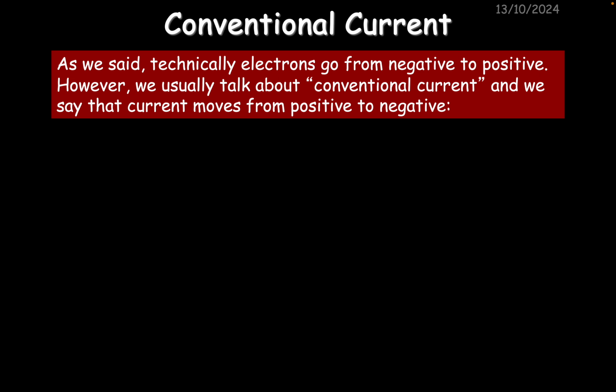Okay, so conventional current: although we know electrons are usually the things which are flowing in wires, and we know they go from negative to positive, however, electricity was discovered before the electron, and the convention then used was that the current flows from positive to negative. So that's the definition of what conventional current is.